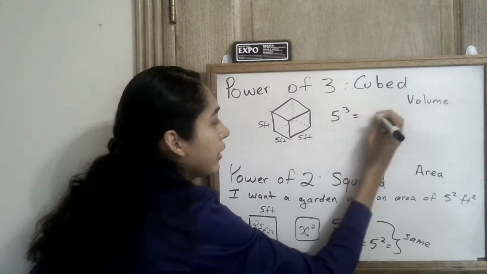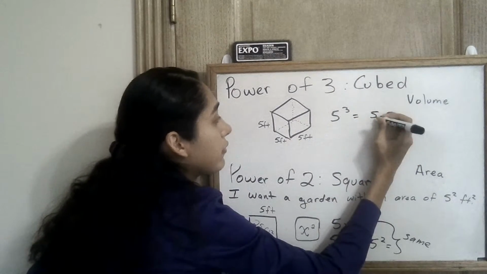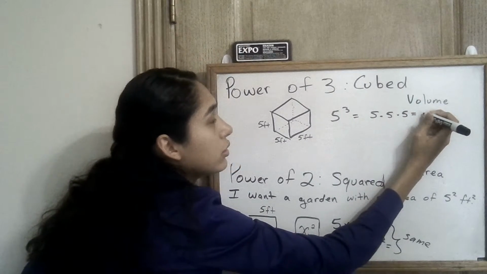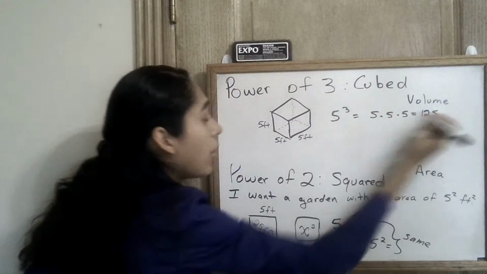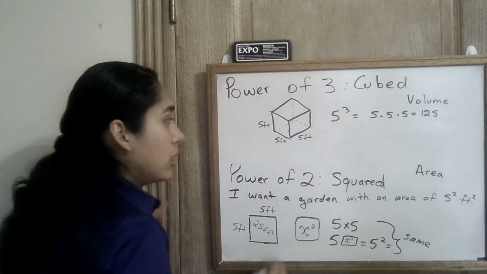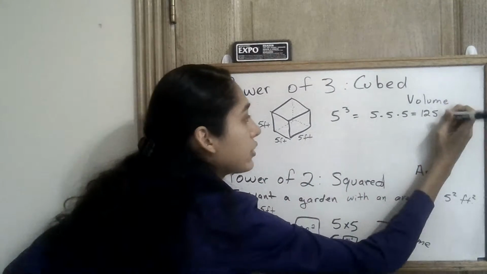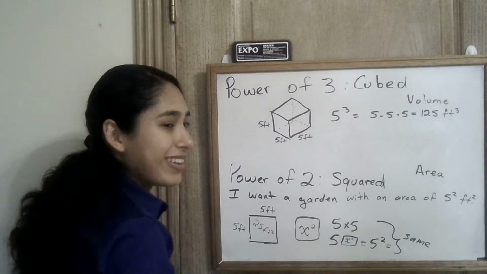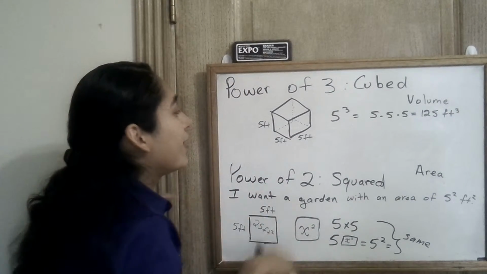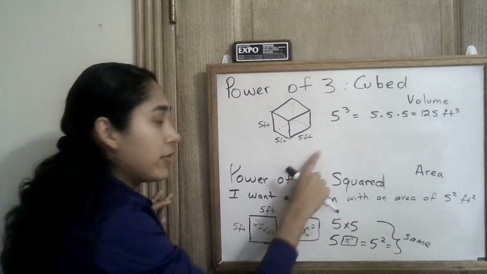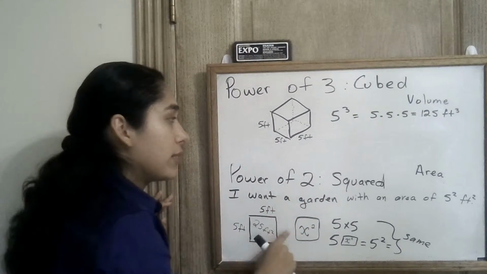Not only is it going to be 5 times 5, it's going to be 5 times 5 times 5, which is 125. But since my units are in feet, here it's going to be feet cubed. Feet, I'm not talking about your feet with toes. Your feet are going to be multiplied 3 times because the 5 was also multiplied 3 times.